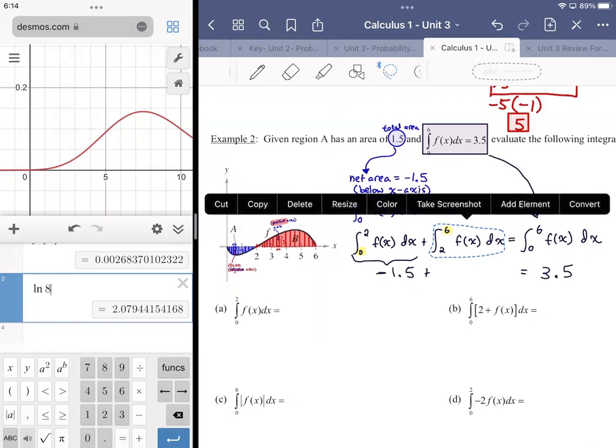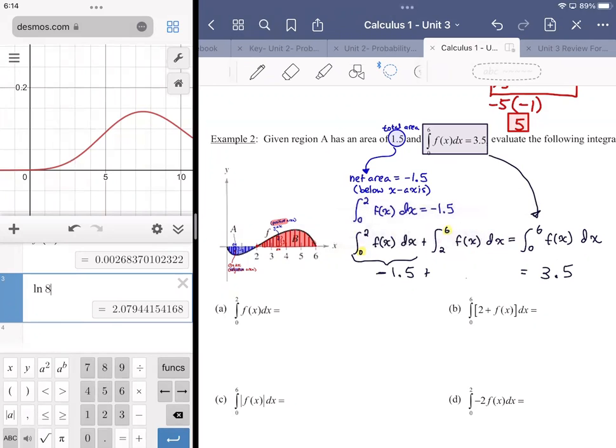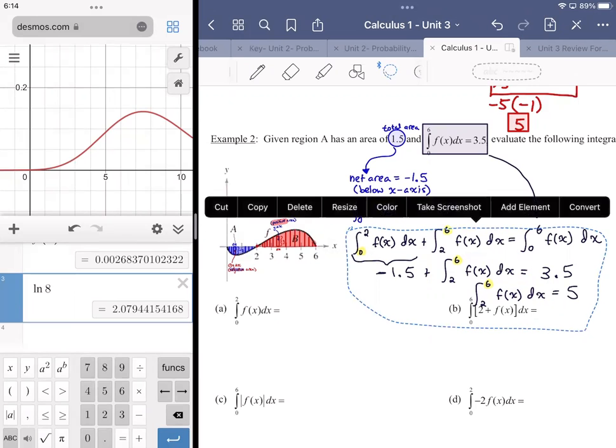The net area over the other interval, that red area, which was unknown prior to this. But now all I have to do is add 1.5 to both sides, and I would be able to draw the conclusion that the integral over the interval of 0 to 2 of f of x dx is equal to 5. All right, just by piecing things together.